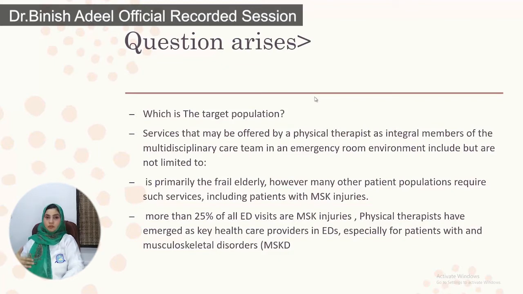In the emergency room, if the patient needs, for example, a PRICE protocol, or a referral to a radiograph expert or orthopedic surgeon, you can actually treat and refer. Or if he does not need any kind of referral, you can give the patient a RICE protocol, and then you can guide for physical therapy and all physical therapy services.